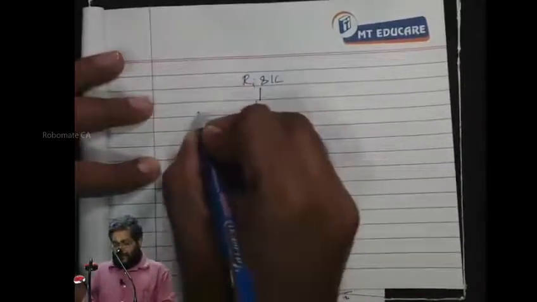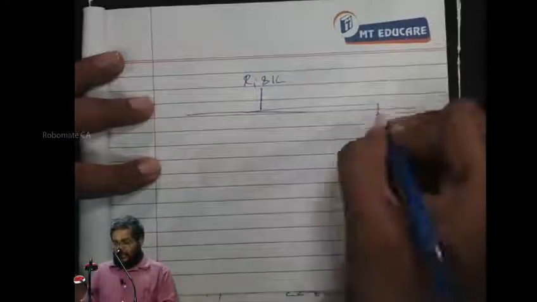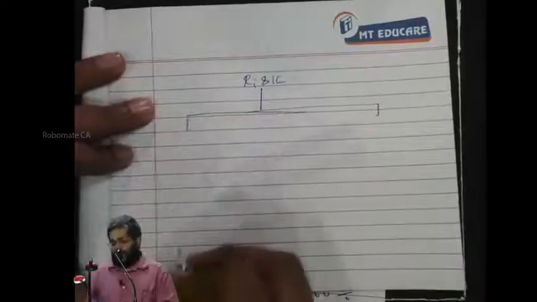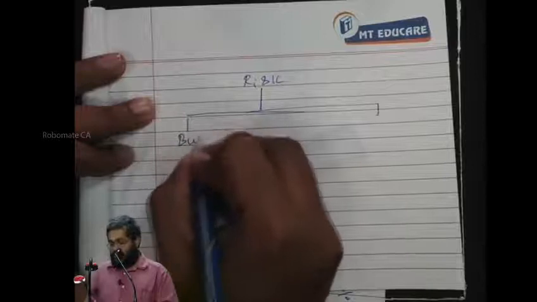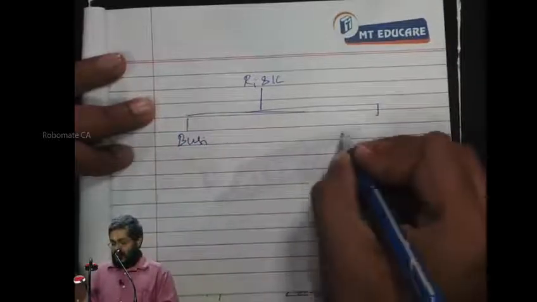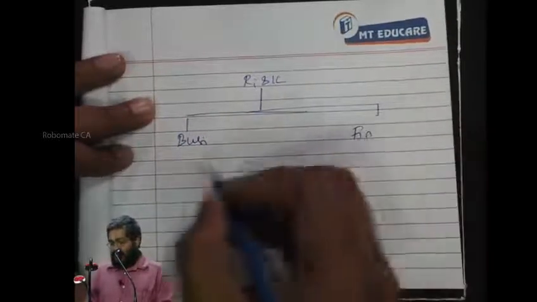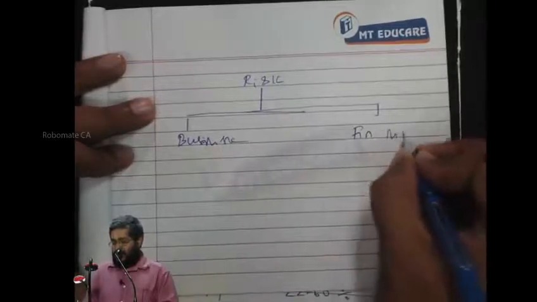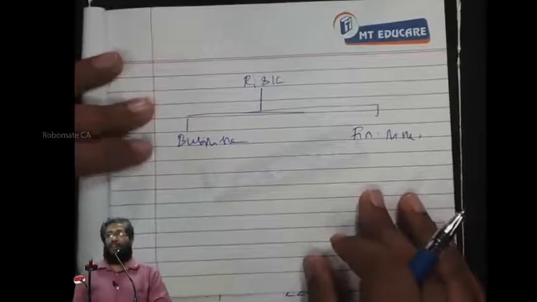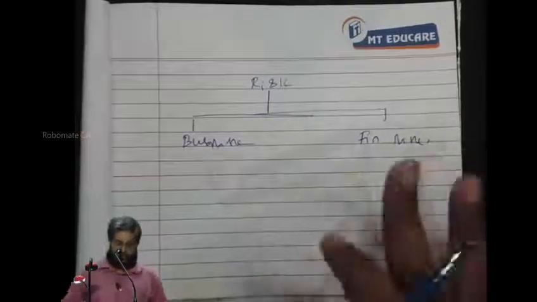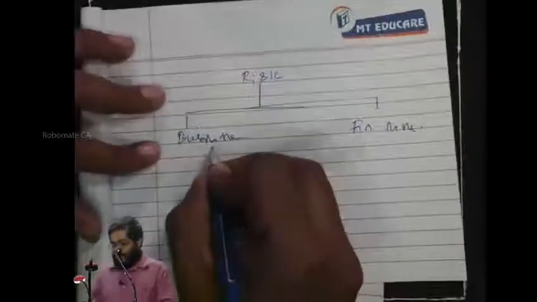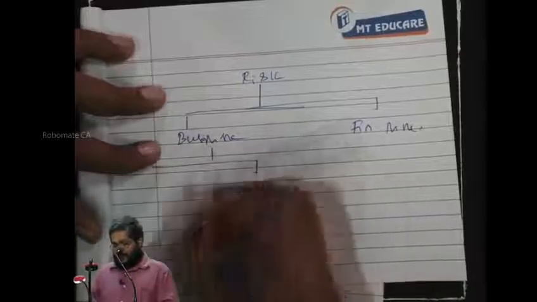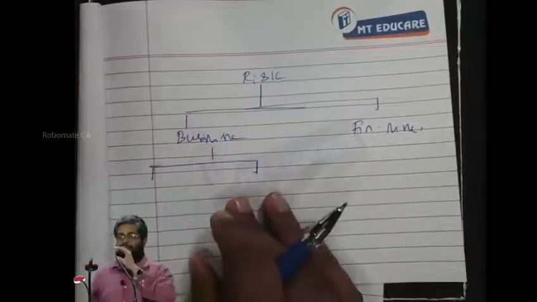Risk of a company is broadly classified into two types. One is business risk. Another is what? Financial risk. Business risk and financial risk are the two types of risk any company has. Now, business risk comes from two angles.